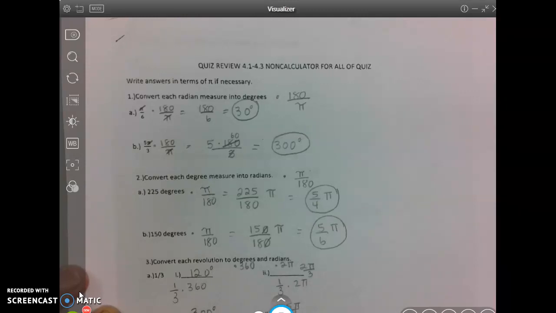So I don't know what my arc length is. I'll just call that A for arc length. My fraction of the circle is 240 out of 360 degrees times my circumference. Circumference is 2 pi r. So my circumference is 2 times pi times 2.